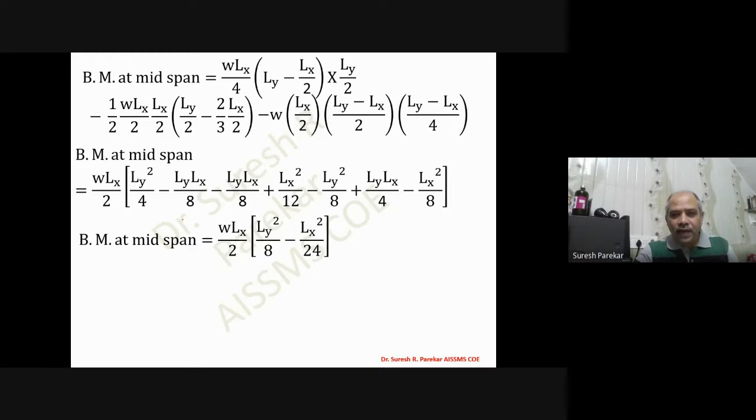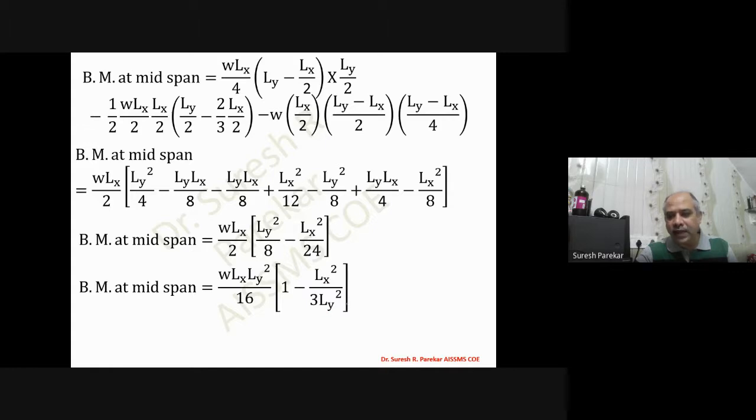So now we switch over to bending moment at mid span: WLx into Ly square in bracket 1 minus Lx square upon 3 Ly square. From the 8 we have taken outside, it becomes 16. Ly square by 8 we have taken outside, so this becomes 1 minus Lx square upon 3 Ly square.